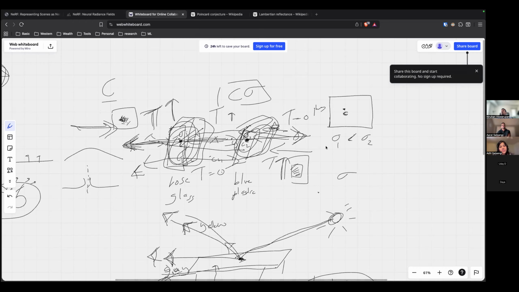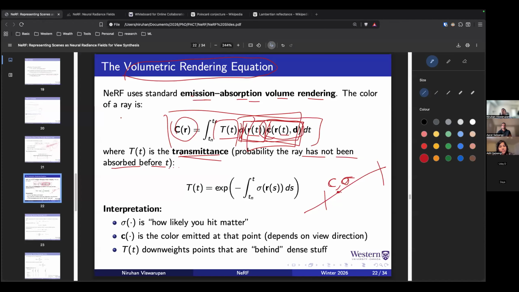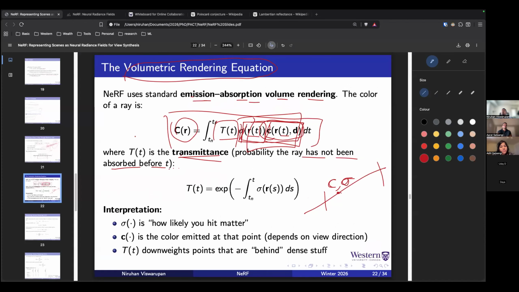But when you look at it from here, the transmittance becomes 0 here. So once you do the integration, you only get the color from this part. This pixel will only get the color from this part, nothing from this part will come into play. So that is why transmittance is used to weight as you go along the ray. Do you get the intuition?